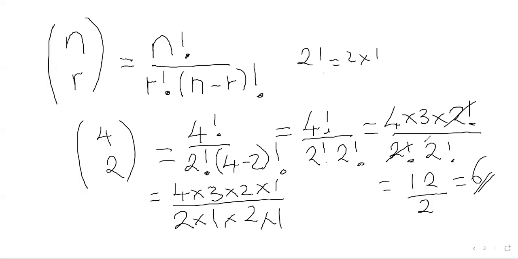So 4 times 3 is 12, 12 times 2 is 24, multiplied by 1, you have 24 here, over 2 times 1 is 2, 2 times 2 is 4, times 1 is 4. So you have 24 divided by 4, which still gives us 6. So there is no loss of generality in expanding the down part up to the end, it is still fine. That's about that part.